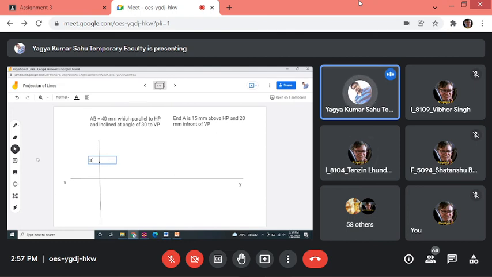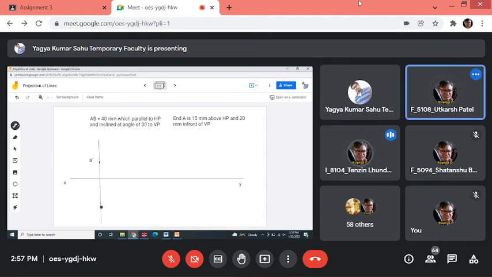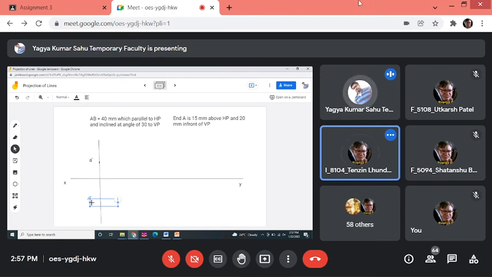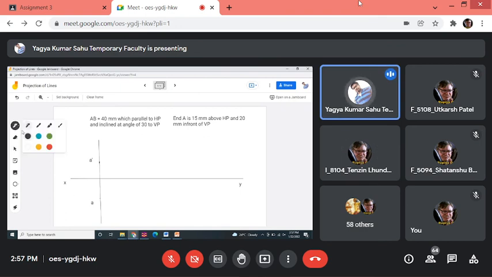Now what about top view of end A? 20 mm below HP, 20 mm below. Properly write down small a without dash. So these are projections of end A.